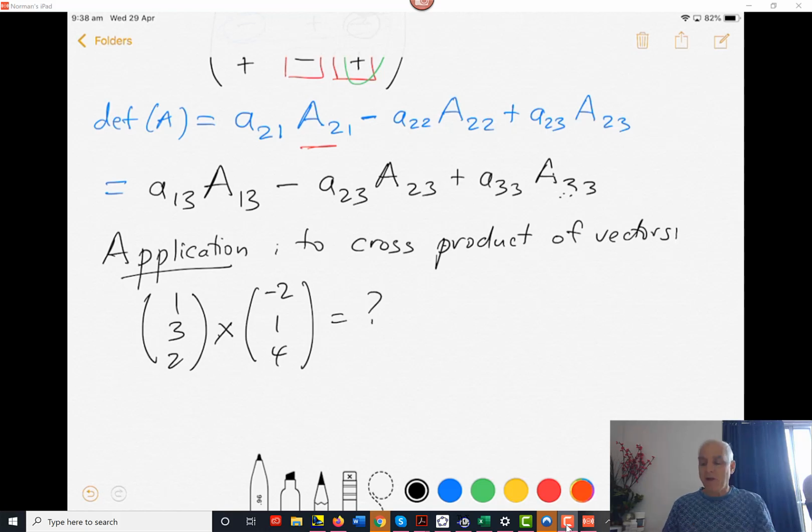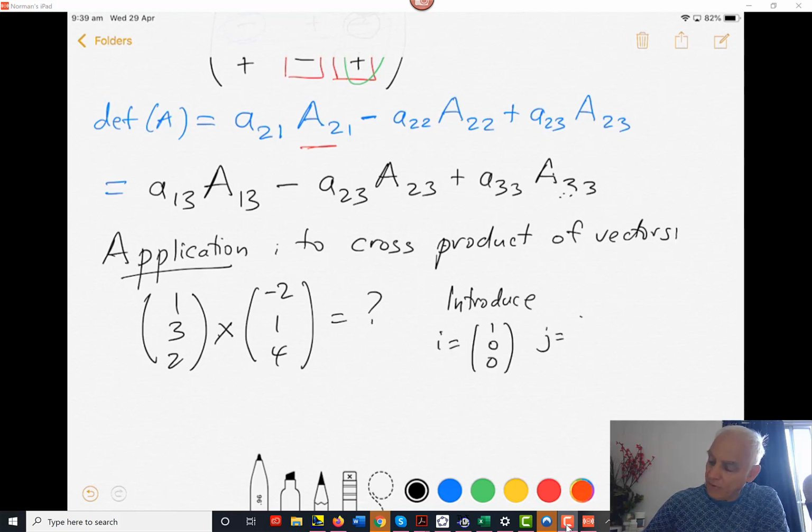So there was a formula there, but it turns out the formula can also be remembered with a determinant point of view. To do that, let me introduce the standard basis vectors. Say i is the vector 1, 0, 0, j is the vector 0, 1, 0, and k is the vector 0, 0, 1. This is often used in engineering courses.